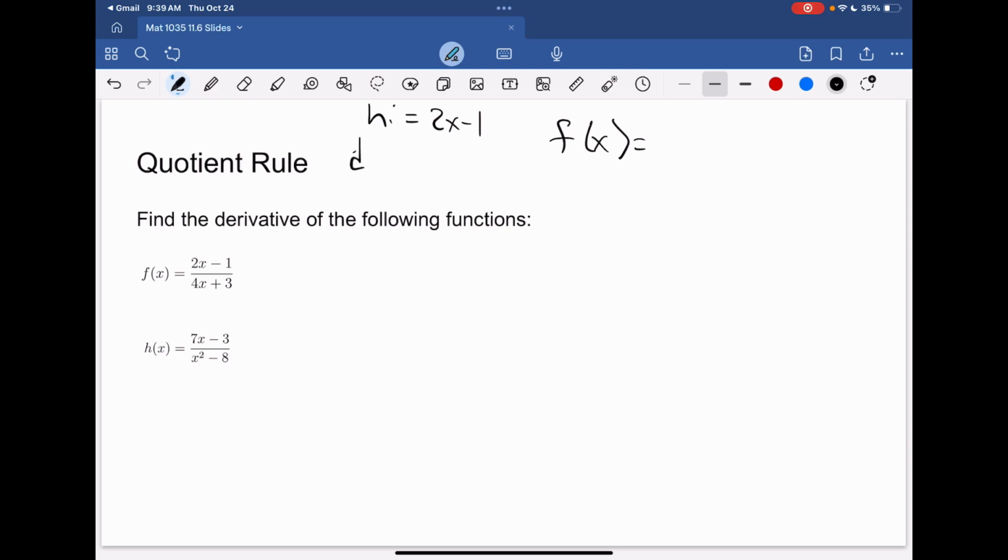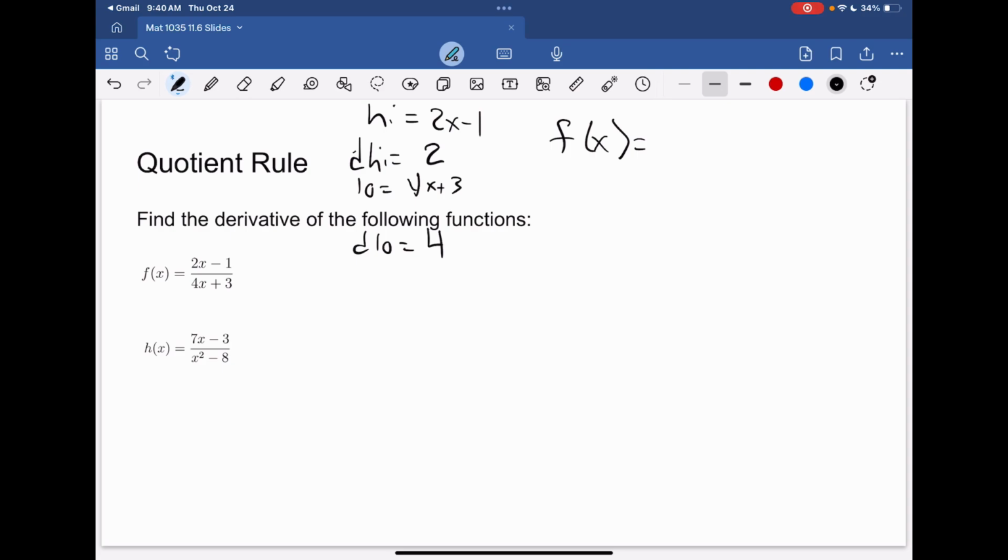The derivative of the high, d high, would be 2, because the derivative of 2x is 2. Derivative of negative 1 is 0. Low is 4x plus 3. And then that makes d low 4, because derivative of 4x is 4, derivative of 3 is 0.